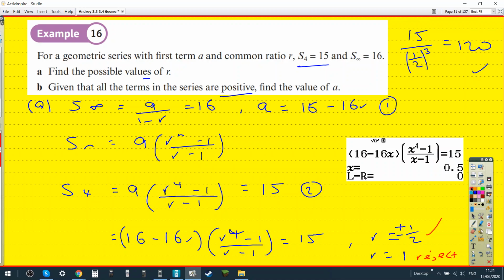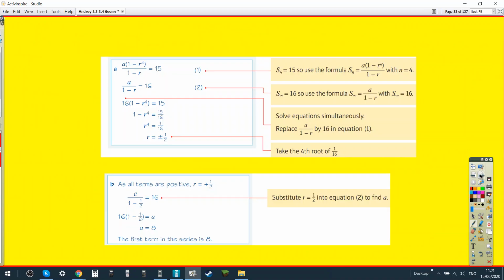So what might make these easier is this bit here is the same as this bit here. And so you can make 1 minus r the subject and then just sub it in there. It might be easier, but I think our initial easy way was easiest. Any questions about that? No. Okay.